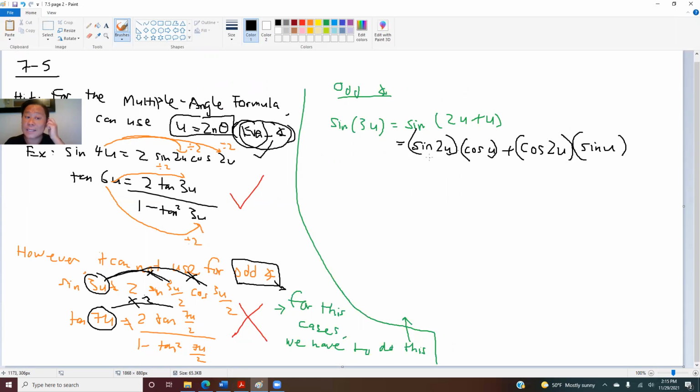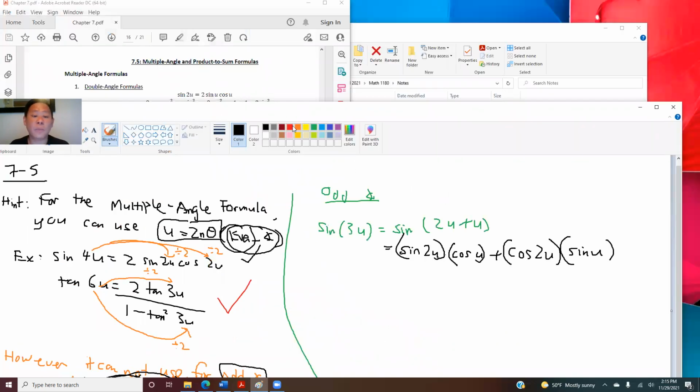And sine 2u, we have a double angle formula. So this sine 2u will be 2 sine u cosine u using your double angle formula, and you're multiplying this with another cosine u. So this cosine u will be squared because we got 2 of them.